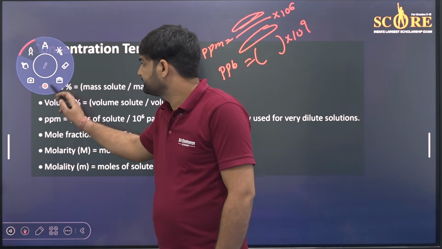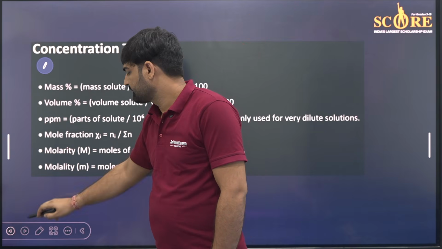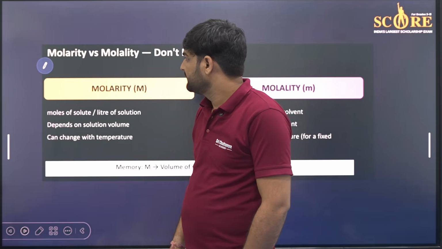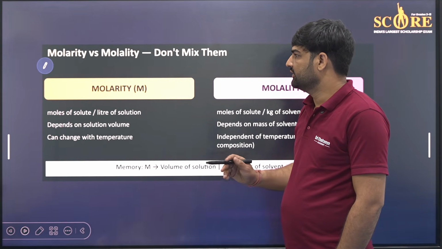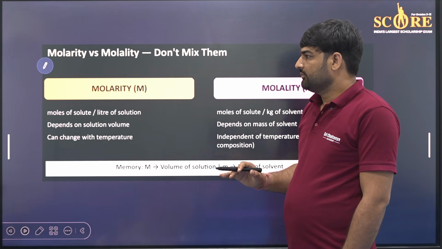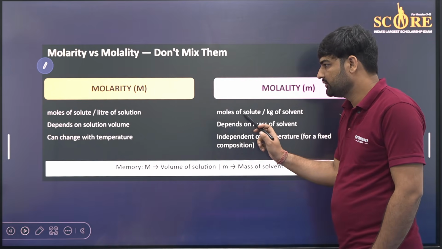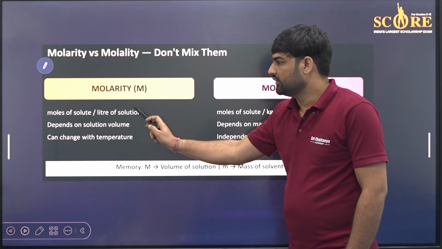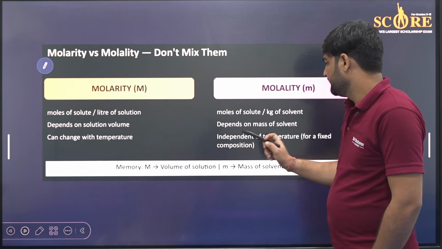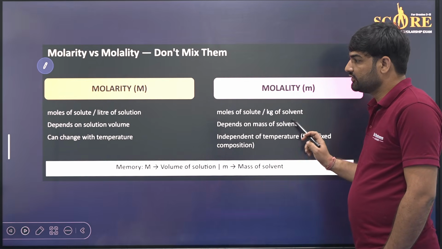Next, what is the basic difference between molarity and molality? Don't mix them. Molarity is moles of the solute over volume of the solution in liter. Molality is moles of solute over mass of the solvent in kg.